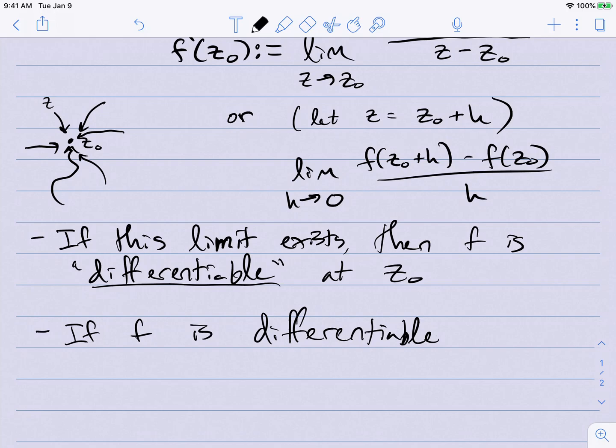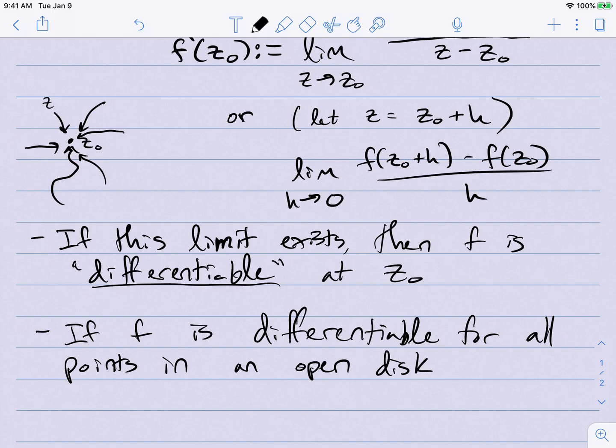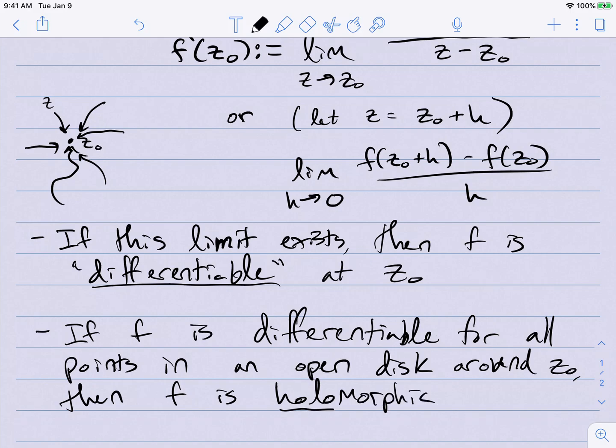What do I mean by near? I mean arbitrarily close. So if f is differentiable for all points in an open disk, some small open disk, doesn't matter how small, but if there is an open disk where f is differentiable for all points in that open disk, let's say the disk is centered at z naught, then we say that f is holomorphic at z naught.